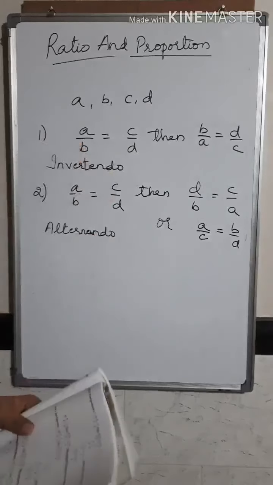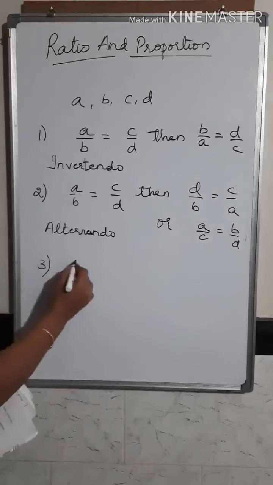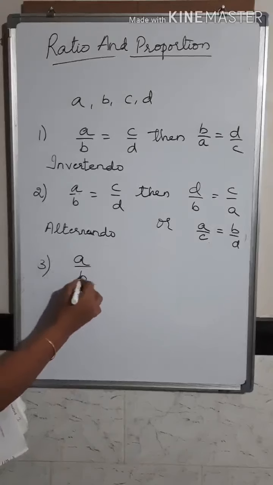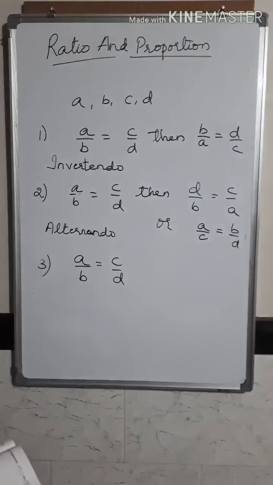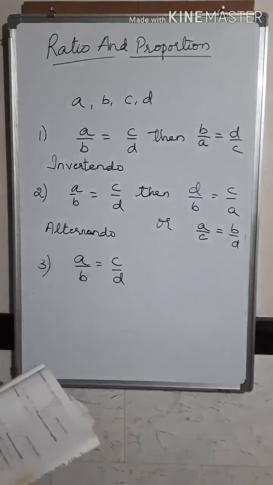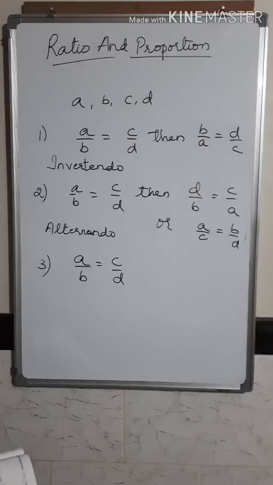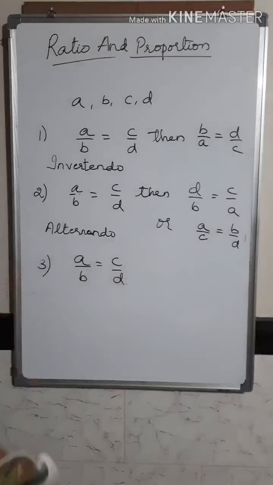Now next you have the property of componendo. In the property of componendo, suppose you have A upon B is equal to C upon D, then according to the property of componendo, you can add the numerator and denominator, and whatever you do on the left hand side, the same thing has to be done on the right hand side also.